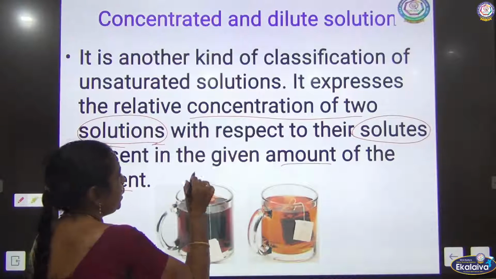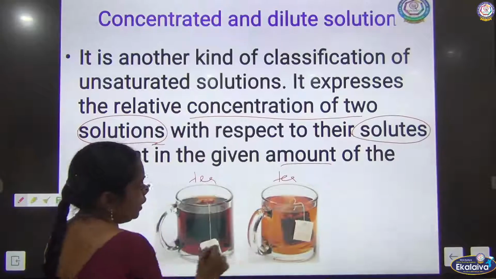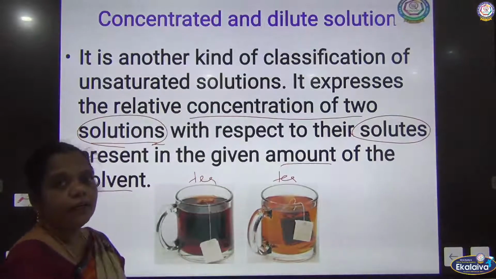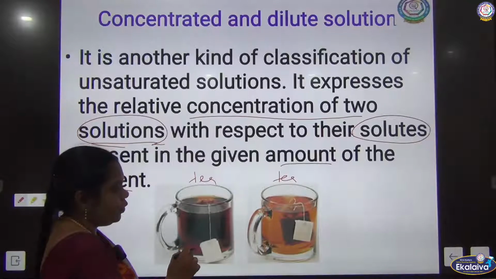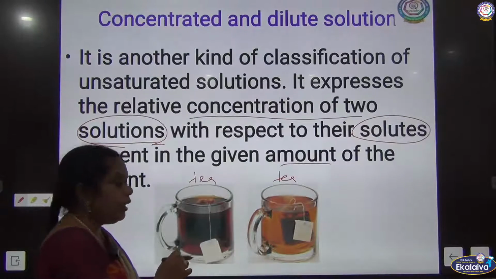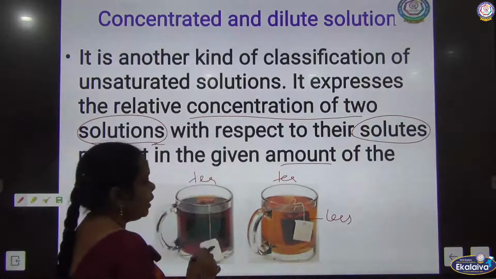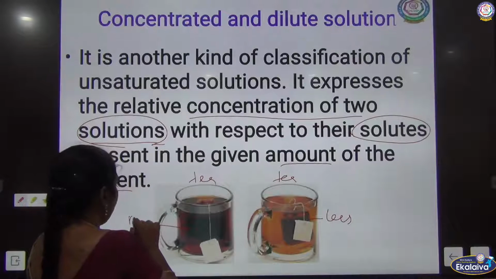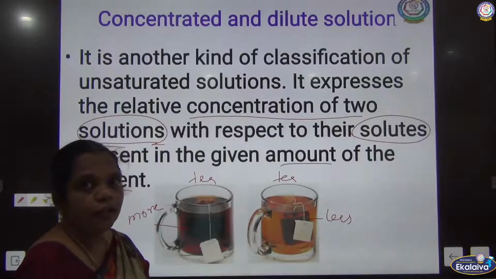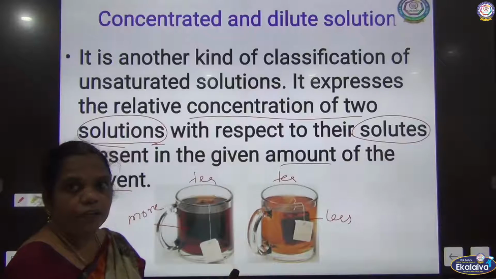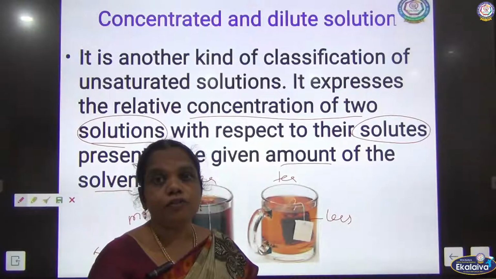Also, if you compare the tea cups, you can find out which one is concentrated: in one more tea dust is added, and in the other a lesser amount. So we feel we have a strong coffee or light coffee, or light tea, strong tea.